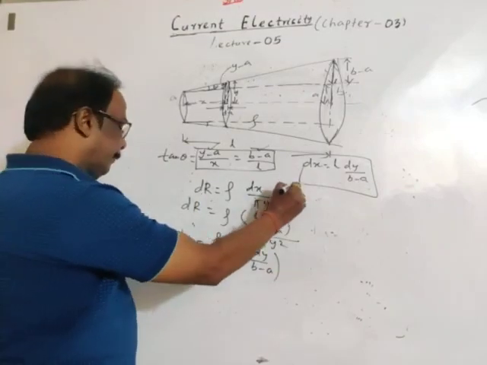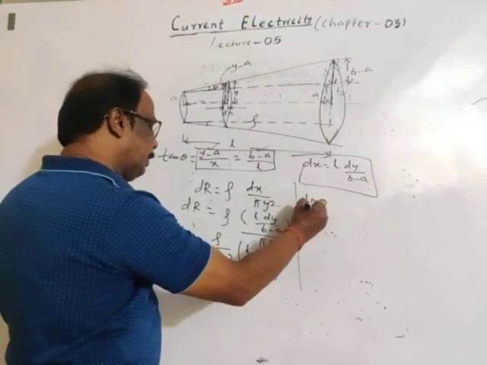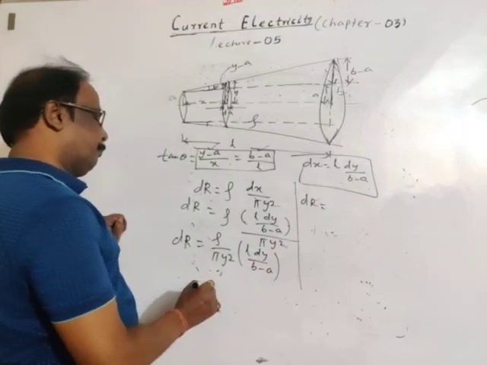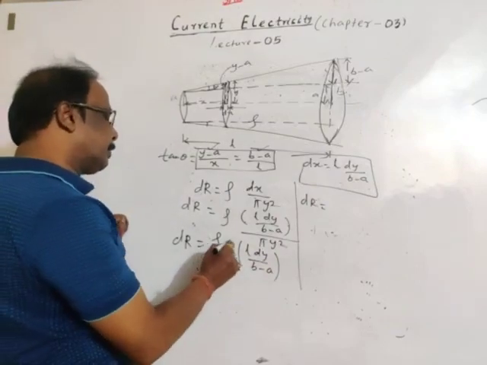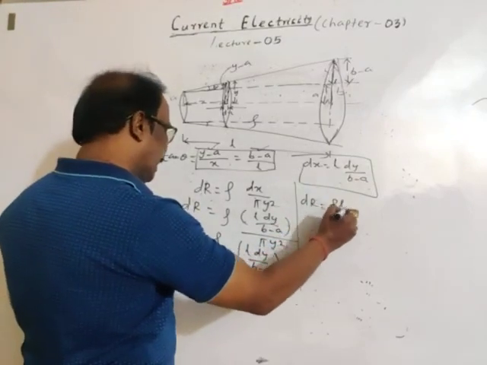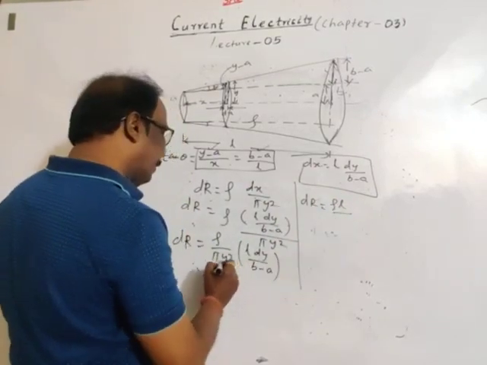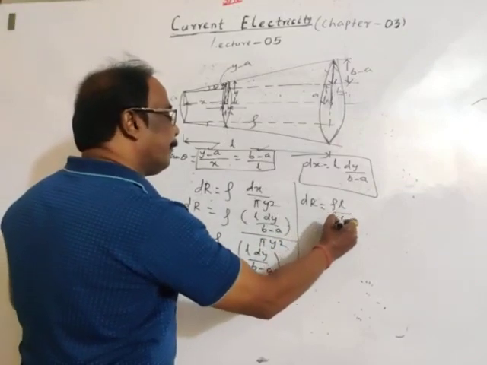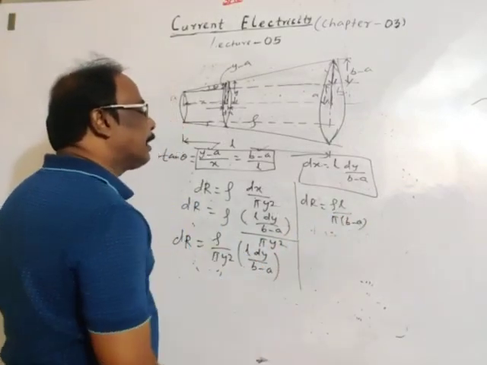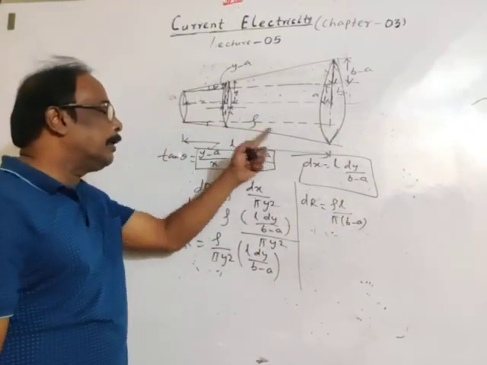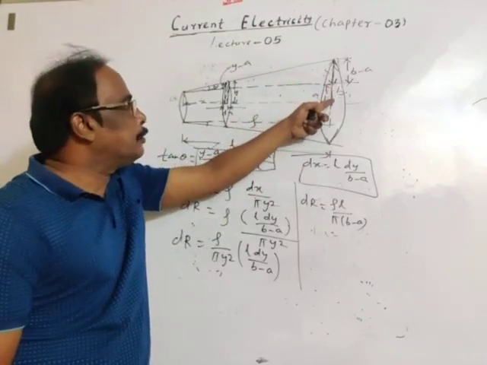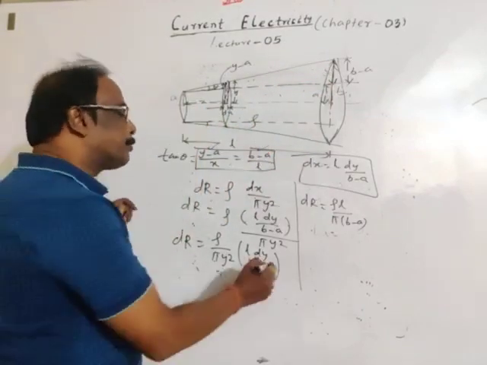Is it clear? Then dR is equal to, see what are the constant factors: rho L divided by pi into b minus a. See, all these are constant. Resistivity is constant, length is constant, this radius b is constant, this radius a is constant.